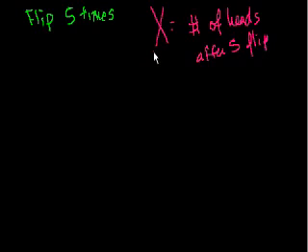Let's think about a little bit what are the different probabilities of getting different numbers here. What is the probability that X, big capital X, is equal to 0? So what's the probability that you get no heads after 5 flips? Well, that's essentially the same thing as the probability of getting all tails, right?